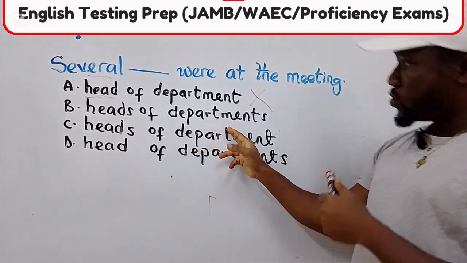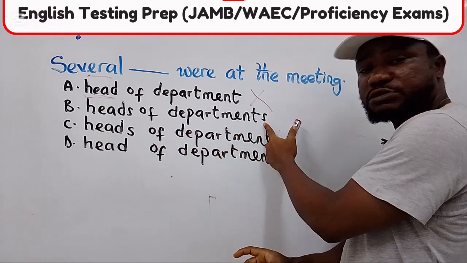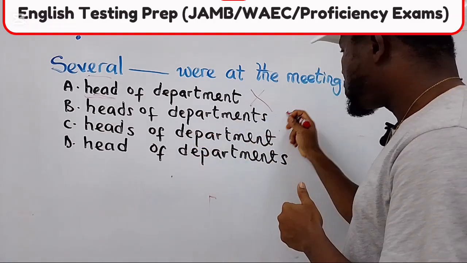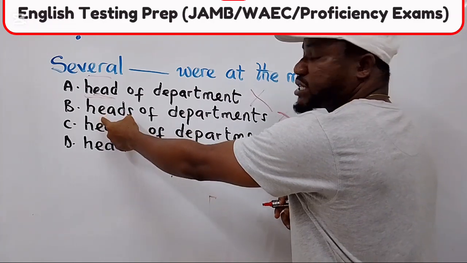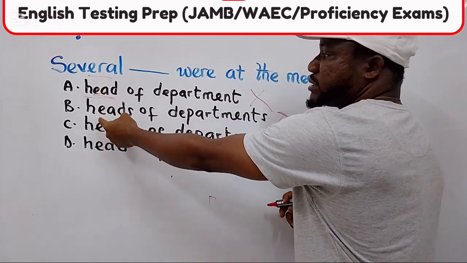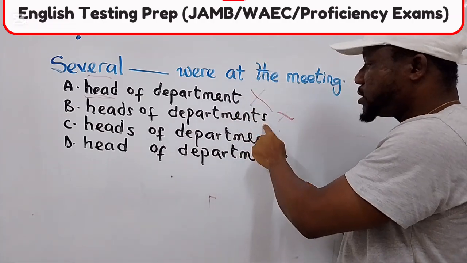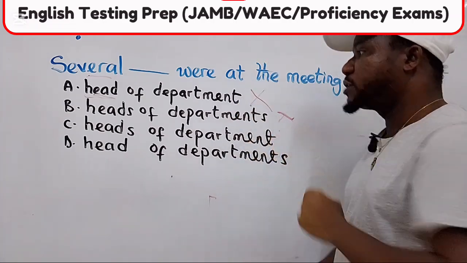But there's a big problem here, because there is an S in this other noun, departments. So this is wrong. Remember, only the principal noun should have the plural marker. This has a plural marker on the other noun, therefore it's wrong.